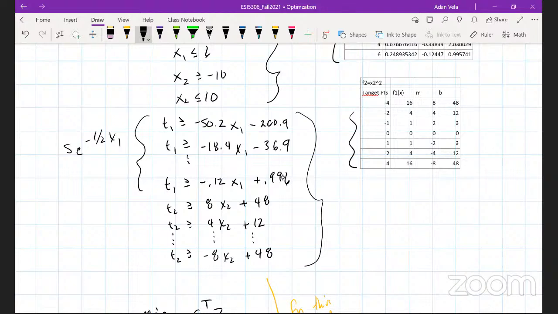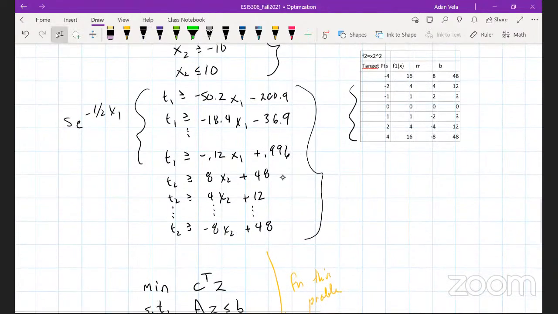Now, that said, we can sort of figure out a pattern here. So what's the pattern look like? Well, if we remap everything, we have Ti minus M, let's say Ij times Xi plus B. Oops. We're going to keep all the constants on one side.